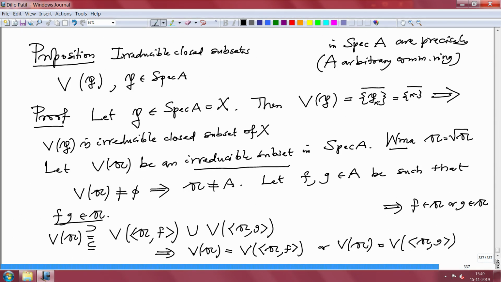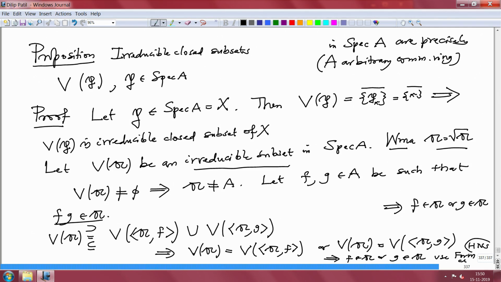This will mean that when I take the ideal on both sides, by the Nullstellensatz it will be the ideal A itself, because A is a radical ideal, and this will contain a power of G, and therefore from here you conclude that either F belongs to A or G belongs to A. I will simply write: use the formal Nullstellensatz.